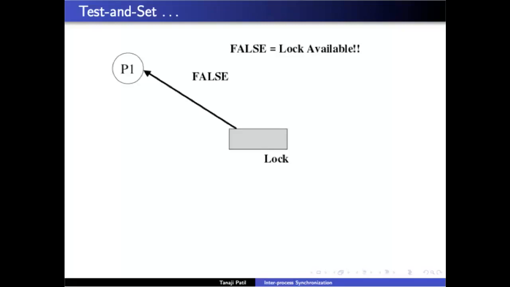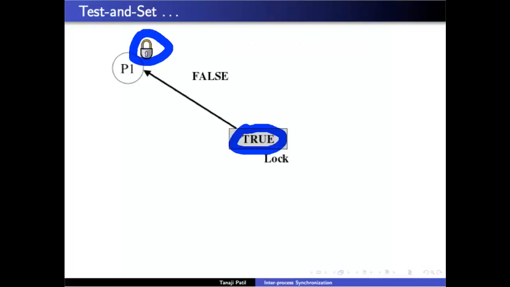So in the testing part, the value of this, which was false, is returned, and the meaning of false is the lock is available. Nobody else is using it. Okay, so see, the lock is acquired here, and at the same time, the value true is set here.